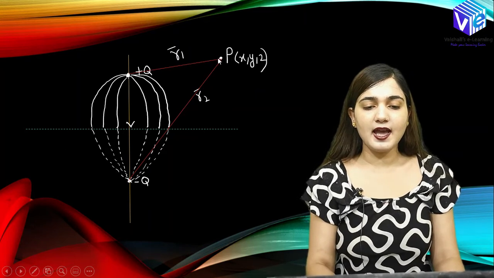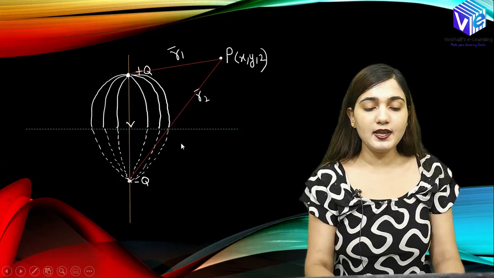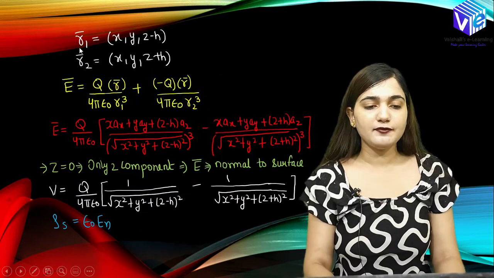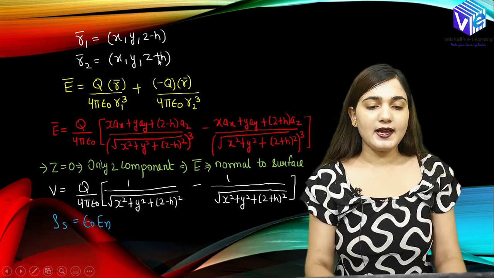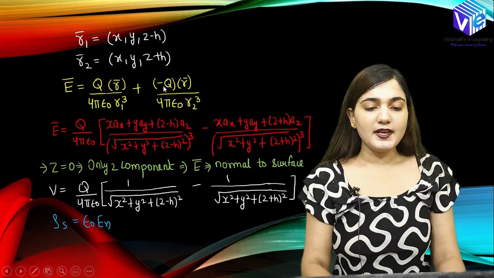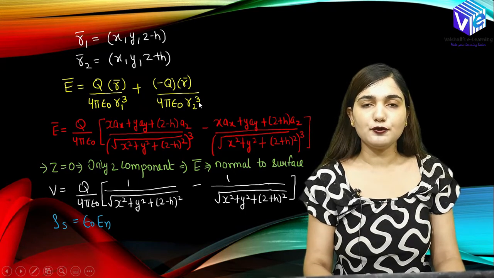For r1 we have the z like this from here itself only, and here for r2 we will be having the higher z. So you can see we have placed r1 as x, y, z minus h, r2 as x, y, z plus h. So now the electric field would be the summation of both of them. So qr upon 4 pi epsilon naught r1 cube minus qr upon 4 pi epsilon naught magnitude of r2 cube, right?